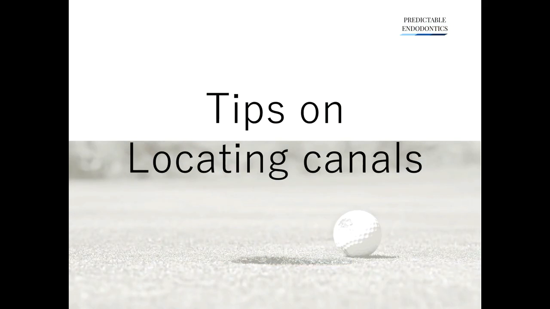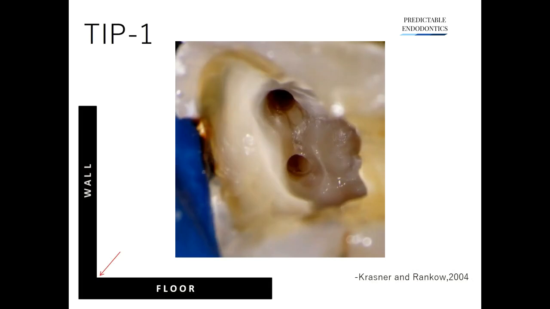Now for a few tips on canal location. No lecture on access cavity preparation would miss this important finding by Krasner and Rankow in 2004. It states that all the canals will be present at the junction of the floor and the wall of the pulp chamber. Note the color difference between the floor of the pulp chamber and the wall.